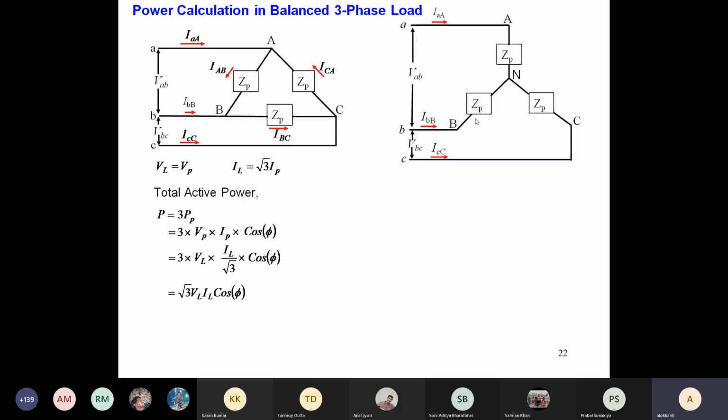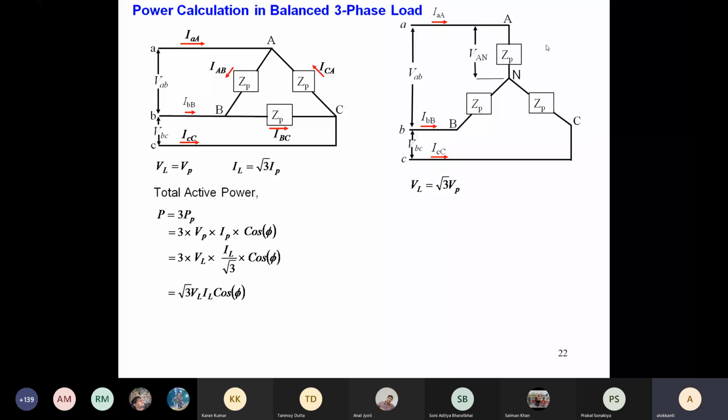So there is a phase voltage also across the loads, VAN. Now this phase voltage is actually 1 by root 3 times the line voltage. Because it is a star connected load, VAB gets applied across phase A and phase B of the load. So in this case VL is equal to root 3 VP.